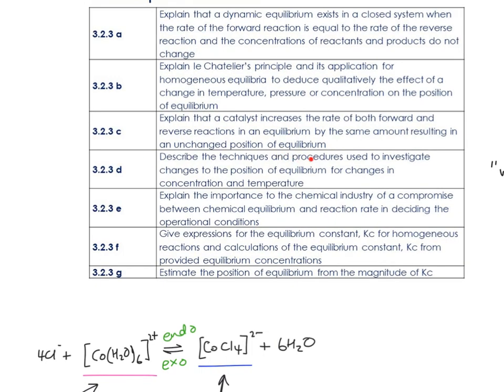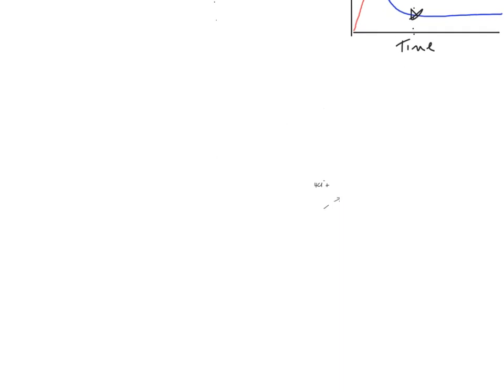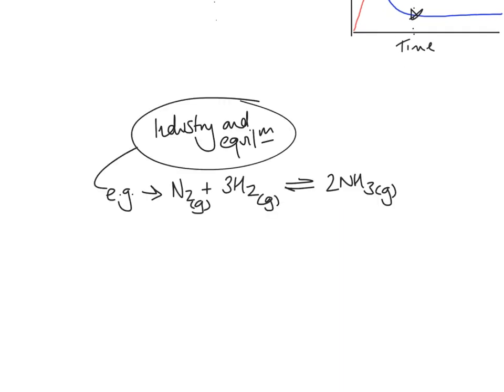Having looked at techniques and procedures, we then need to also think about how the chemical industry compromises equilibria and reaction rate, as well as cost in its operation conditions. To illustrate industry and equilibrium, we're going to look at the Haber process, which uses nitrogen and hydrogen to produce ammonia.